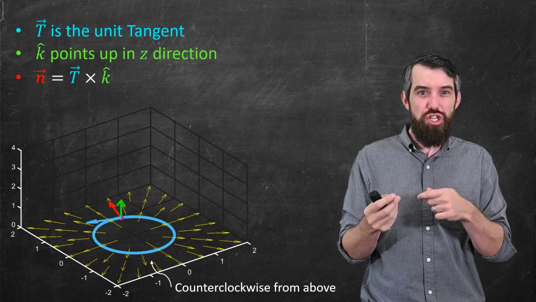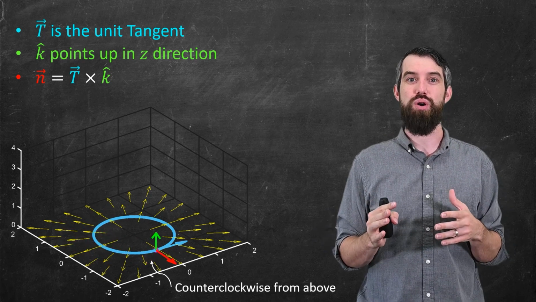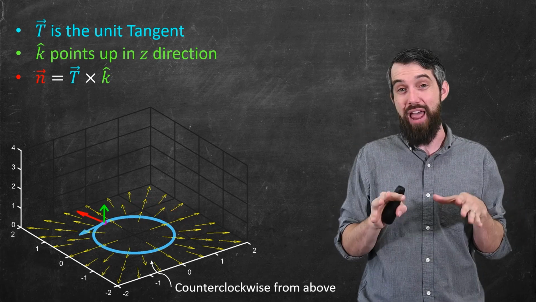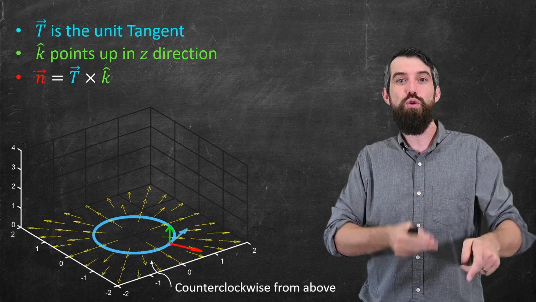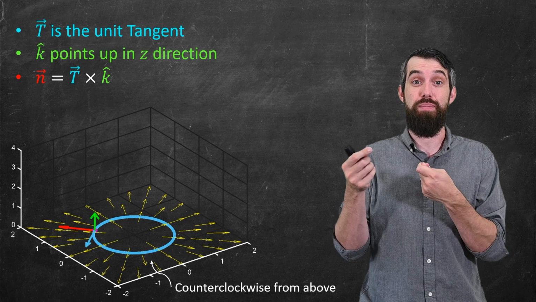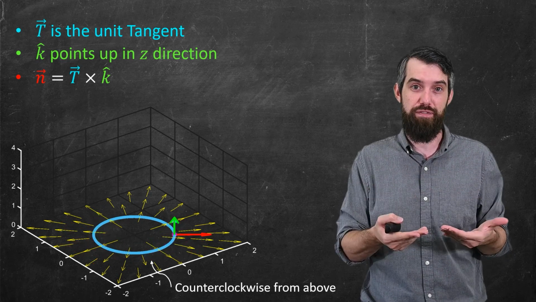So there's a little bit of an issue with plus or minuses, and so our convention is going to be that we're going to generally talk about counterclockwise curves, we'll call that standard, and then we'll look down on them from above and we'll use t cross k-hat. If you want to do it differently, that's fine, but you always have to obey the right-hand rule here, and so you might pick up some negatives to represent a clockwise rotated curve viewed from above.